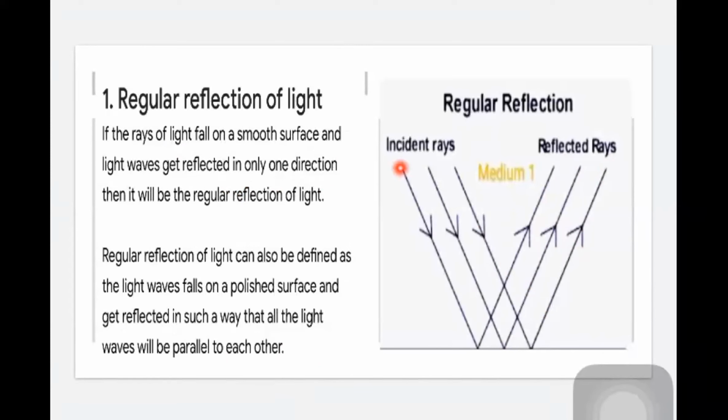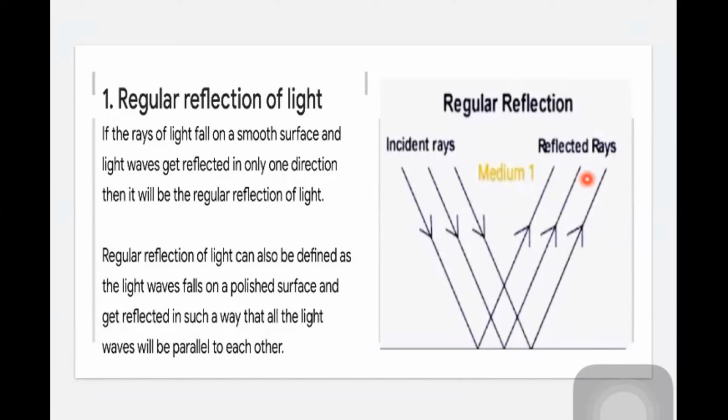Dear students, you can see the rays of light approaching this plane surface. Those rays are called incident rays. Since the surface is perfectly smooth, these rays will be reflected or bounced back parallel to each other and in one direction.